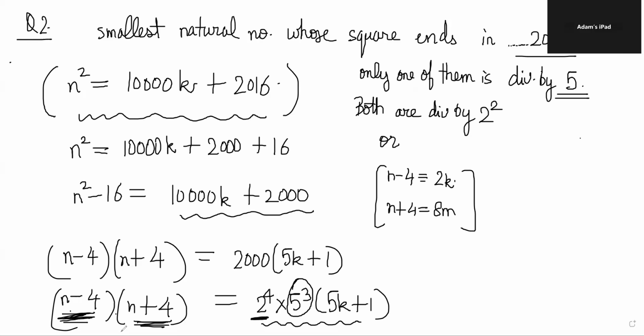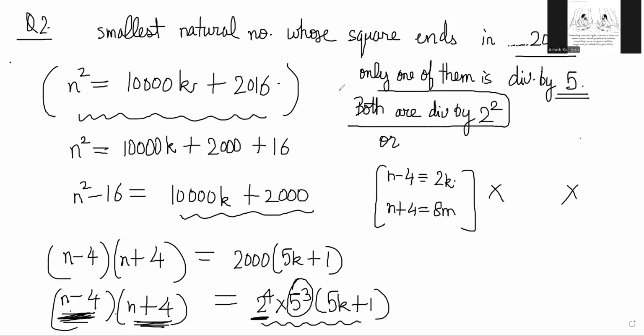Like if this one was 0 mod 16, then this is 8 mod 16, which is actually divisible by 8, right? So we are eliminating all the other cases and we are getting that both of them are divisible by 2 square at least. So now that we know this, both are divisible by 4 and only one of them is divisible by 5, but the power of 5 is 5 cube, right?